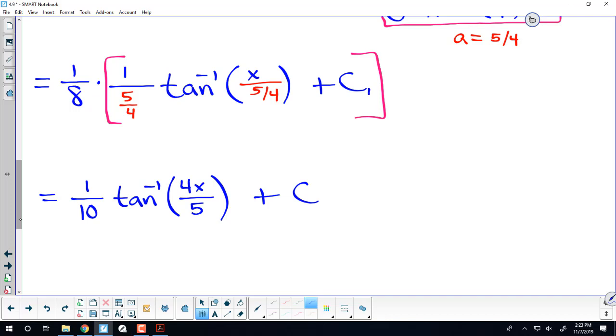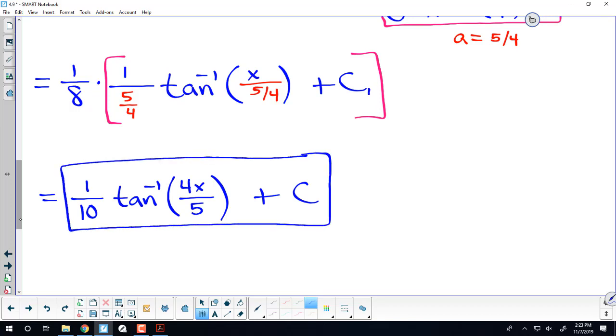But it's 1/10 inverse tangent of 4x over 5. So that's one way to look at it. Then once we've seen this as it emerges from the formula, we can go back to the other representation we had, just to kind of see where those things have to go. Do y'all have any questions on this process?